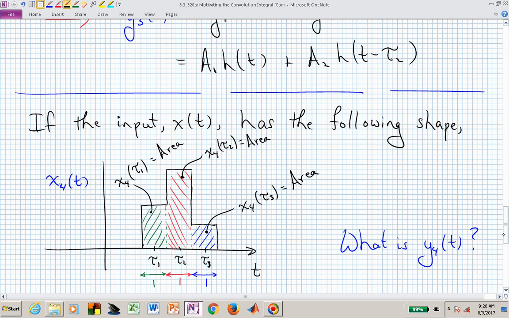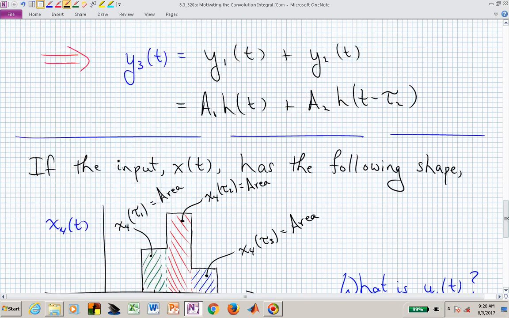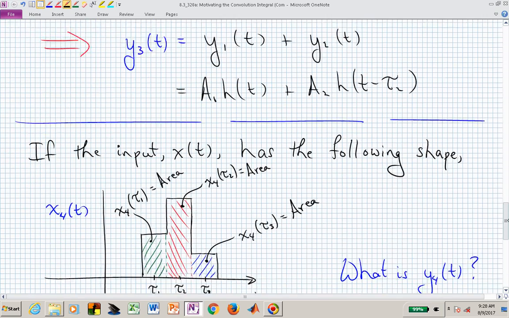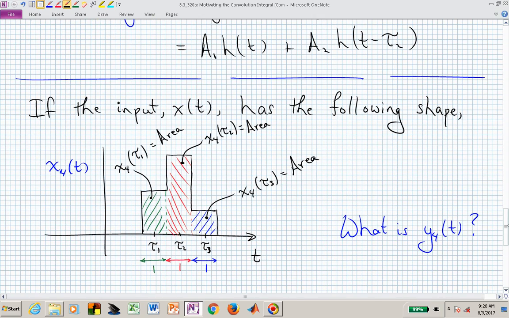If we could somehow approximate this green rectangle and the red rectangle and the blue rectangle with impulses, then we would have an idea. So let's just make that happen. We can. Now suppose that x sub 4 at time tau 1 is the area of that green rectangle at time tau sub 1.